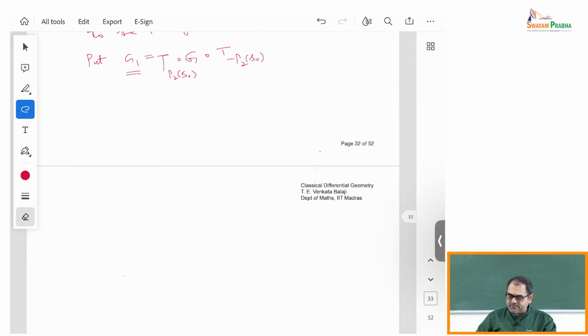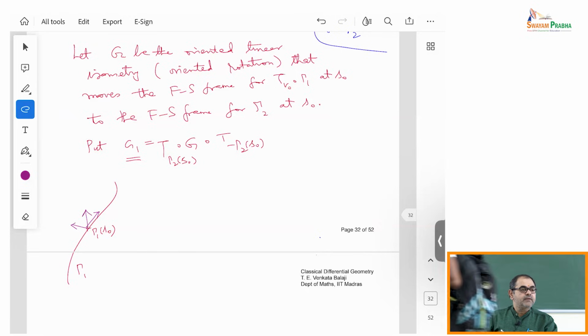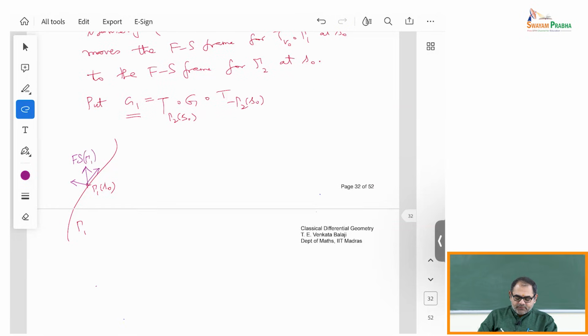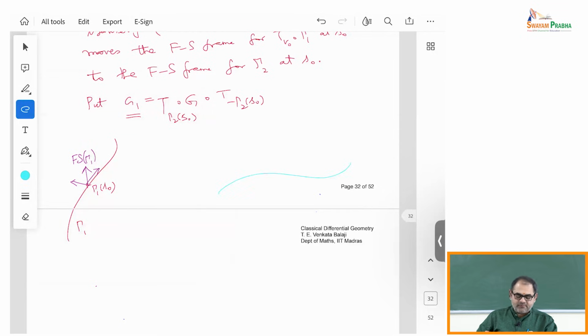So you see, the situation is like this. Originally you had this gamma 1. There is this gamma 1 of S naught, and at that point you had the Frenet-Serret frame here. Mind you, there is another curve, the light blue curve like this.